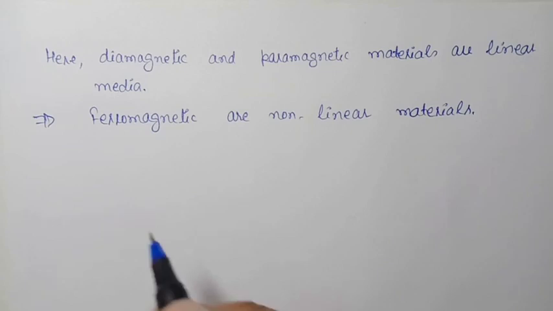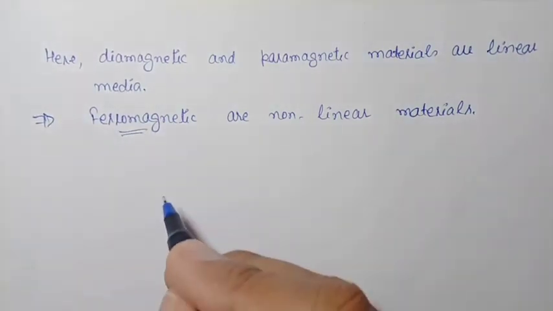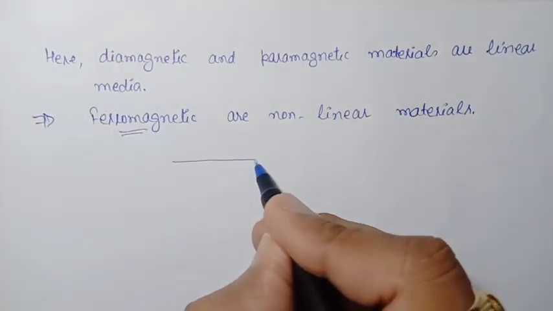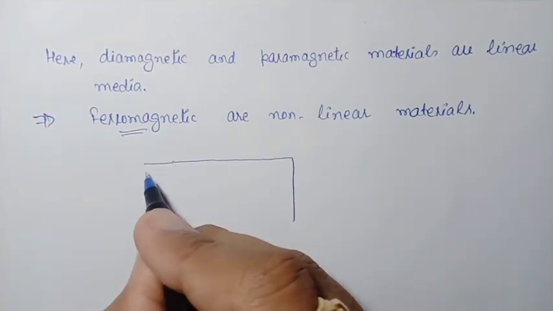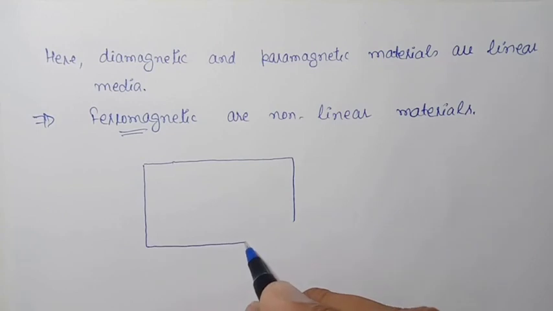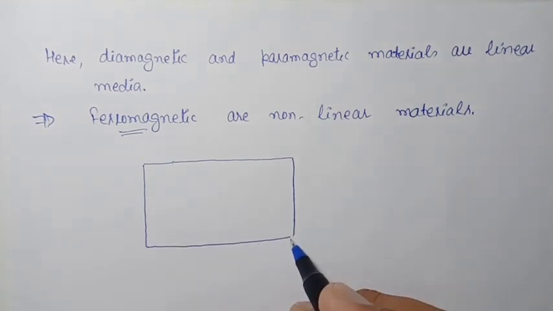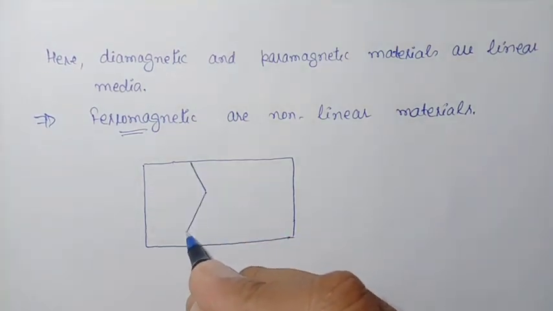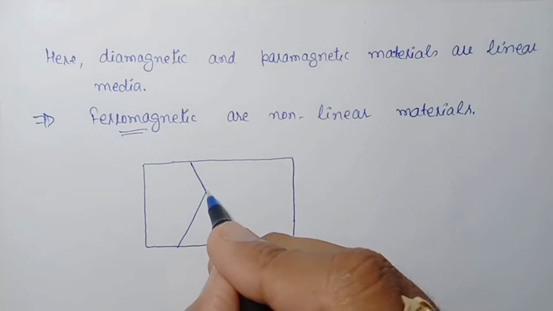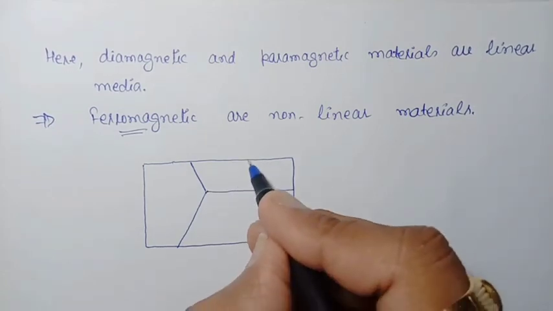Why is it so? Because in the case of ferromagnetic materials, we have domains like this.